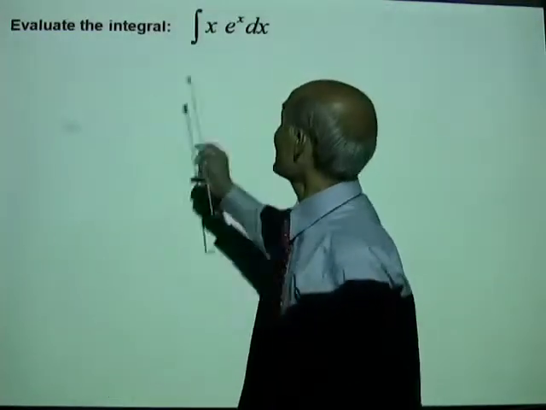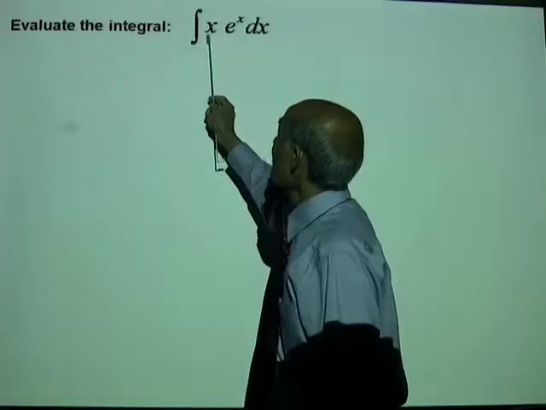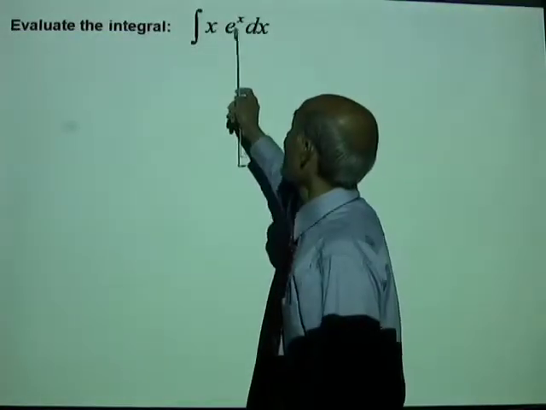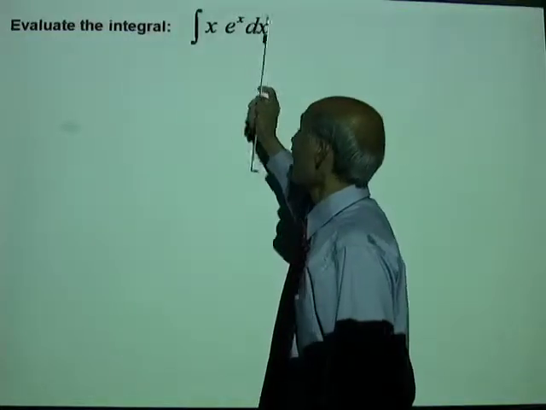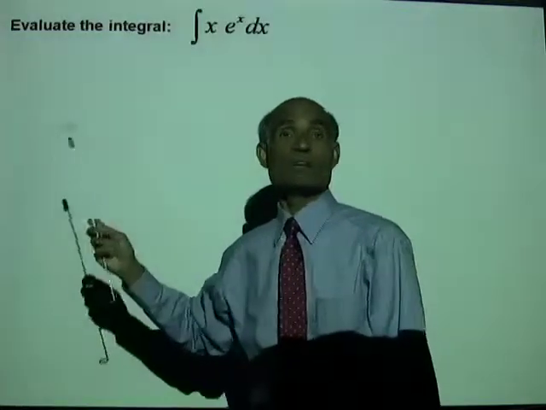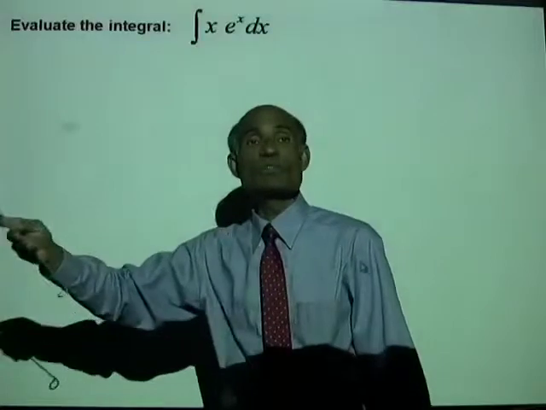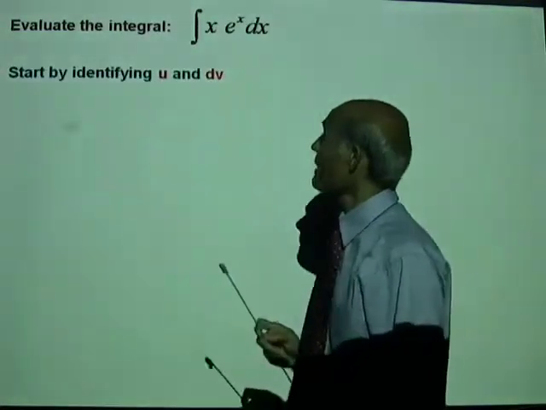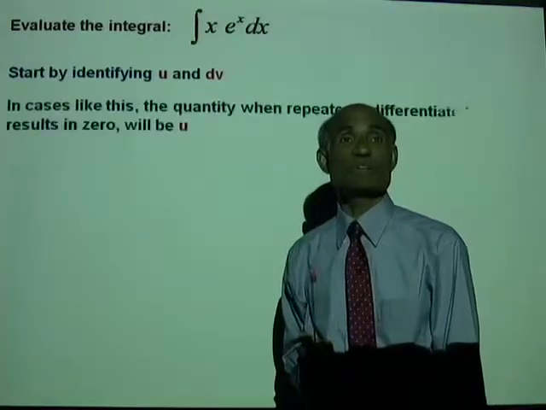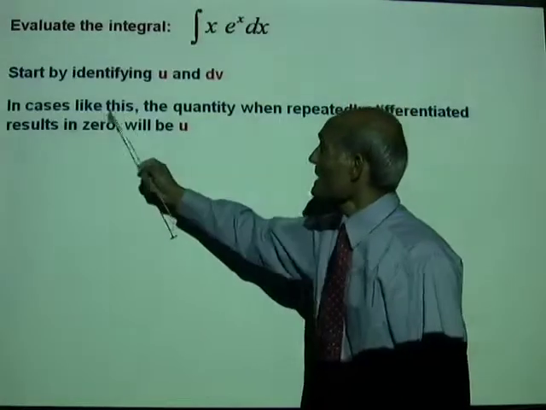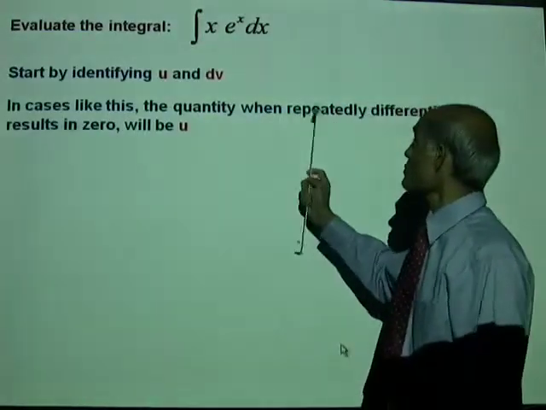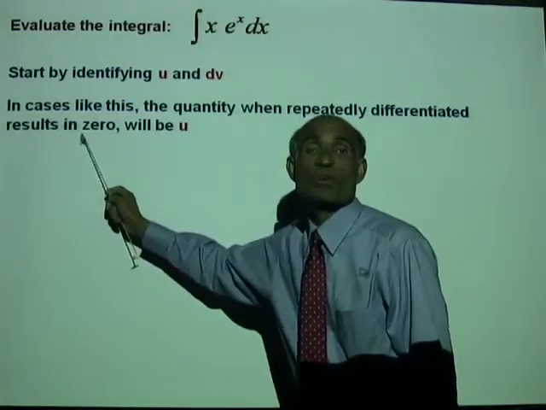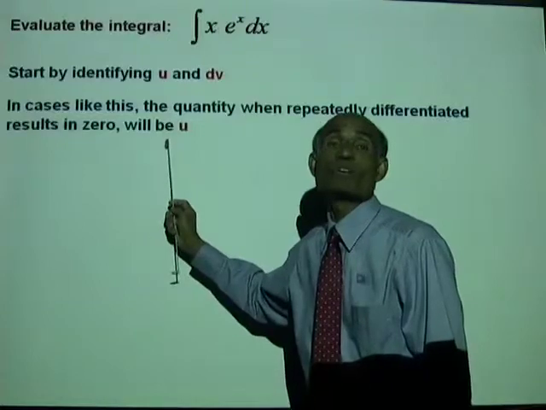Well, in cases like this, it is conventional that you take x as your u and e to the power of x dx as your dv. The dx always goes with the dv part. So first we identify u and dv. In cases like this, the quantity that gives you 0 when repeatedly differentiated will be your u.